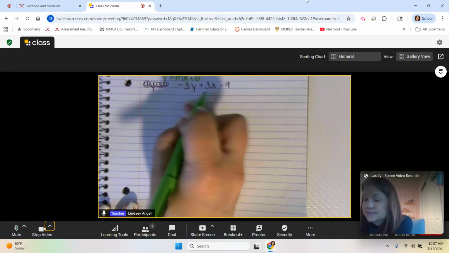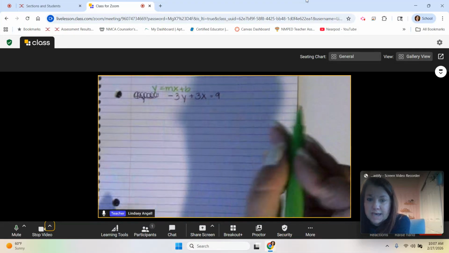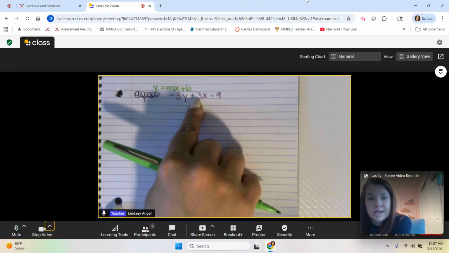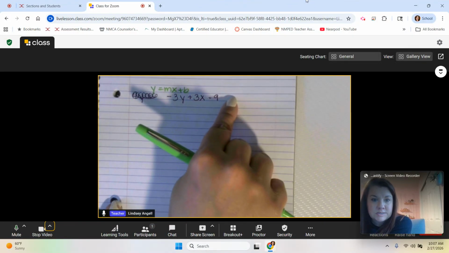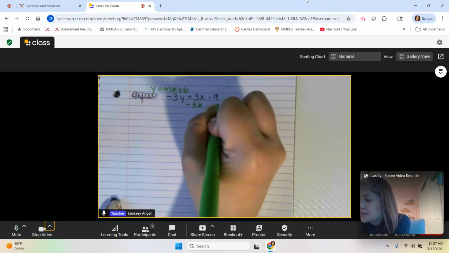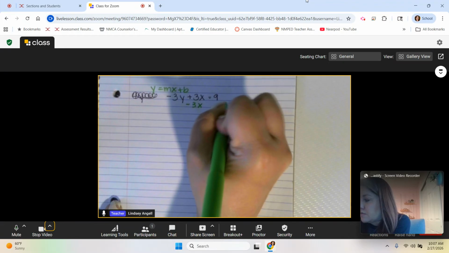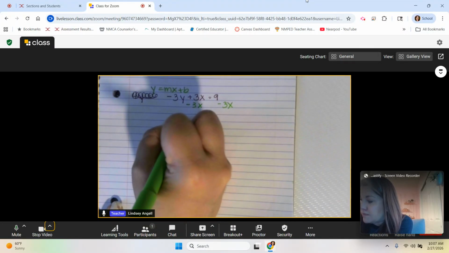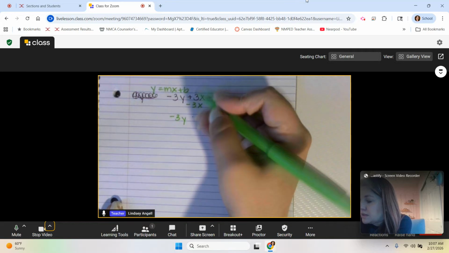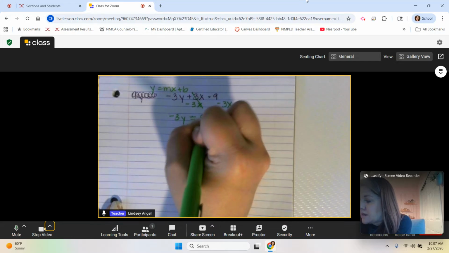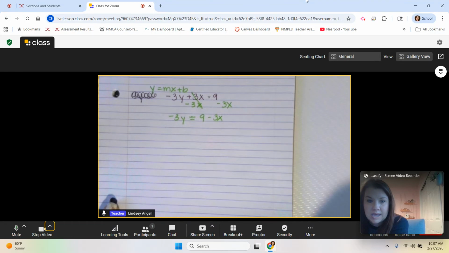With this, the first thing I notice is that they're on the same side as each other. So I want to make sure that I move this 3x over here to the right. To do that, I'm going to subtract 3x from both sides. That leaves me with negative 3y, and then 3x minus 3x is 0. So those cancel, and then I have 9 minus 3x.